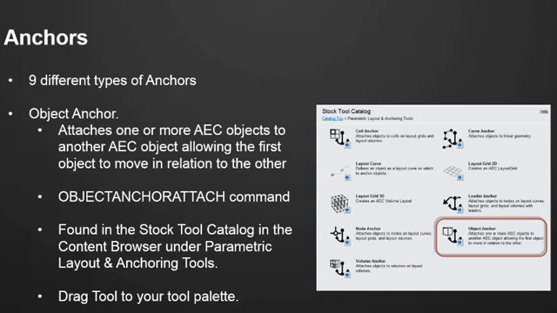It attaches one or more AEC objects to another AEC object, allowing it to move in relationship to the other. You can get to it by typing in the object anchor attach command, or you can open up the stock tool catalog in AutoCAD MEP and drag and drop it into your drawing, or onto a tool palette where you have access to that command anytime you want.